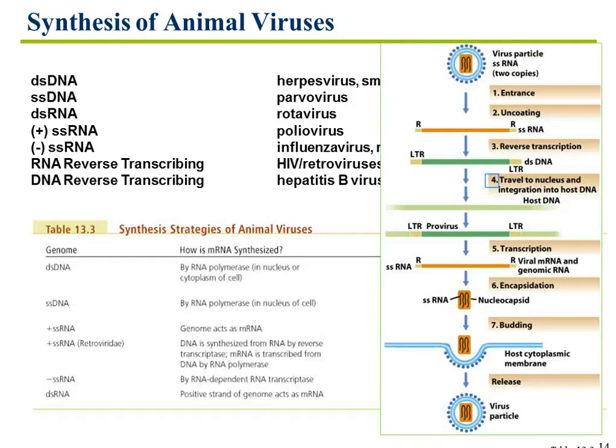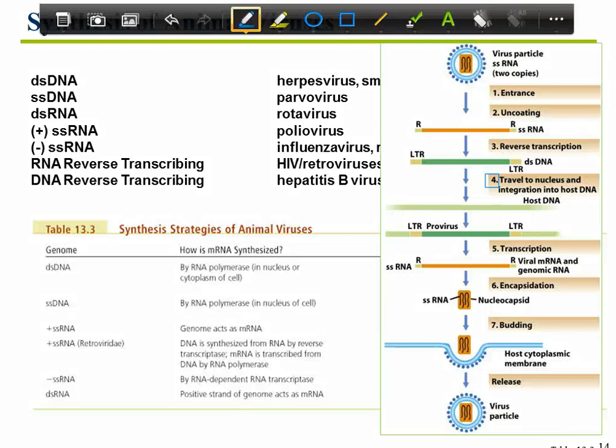Here is the HIV representative. It is a reverse transcriptase virus. It's an RNA virus, and it does something odd. It directs the host cell to make DNA from RNA. That's why it's called reverse transcription. So in this scenario, here is your virus right there.